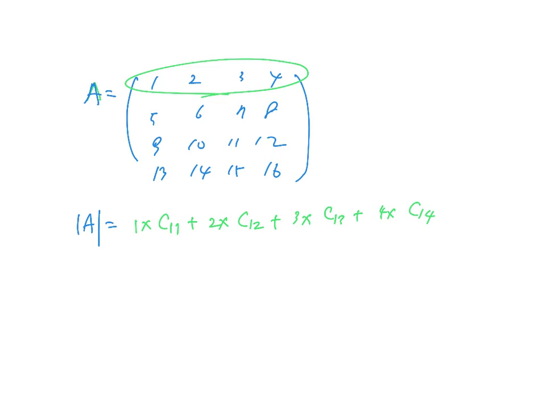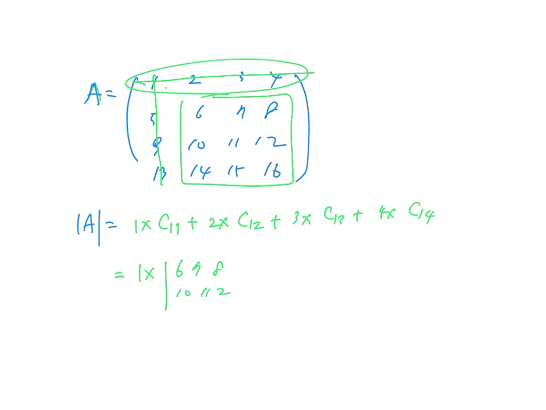C11 is you delete the first row, first column, so this is your determinant. So 1 times 6, 7, 8, 10, 11, 12, 14, 15, 16. 2 times, this is minus 1 to the 1 plus 2, right?